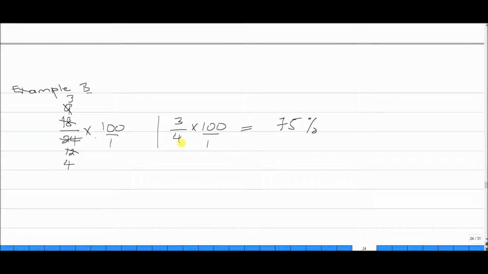By now we should be able to establish that a quarter of 100 is 25, a half of 100 is 50, and 3/4 of 100 is 75%. However, let's still solve this for those who are not aware. 4 could go into 4 one time, and 4 could go into 100 25 times. When we multiply 25 by 3, we get 75. 3 5s are 15, carry 1, 3 2s are 6, and 1 makes 7.